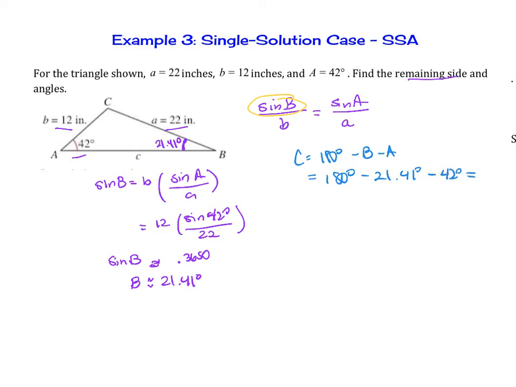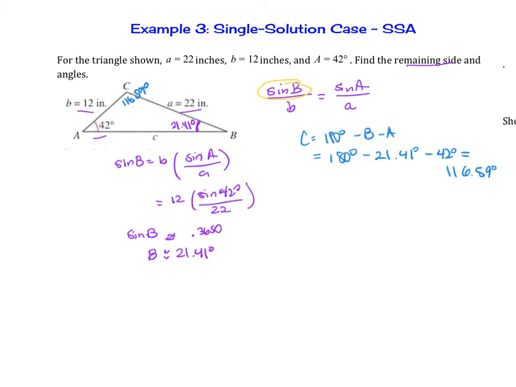You find that C is 116.59 degrees. Then we need to find the last side, c. We will use c over sine of C equals a over sine of A, because those are more exact numbers instead of all the decimals.